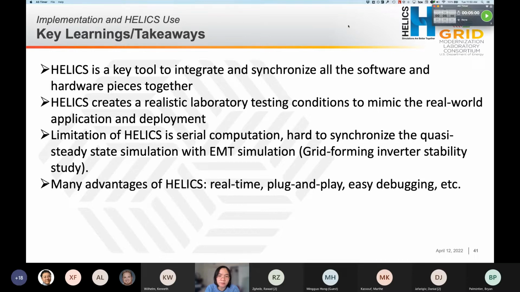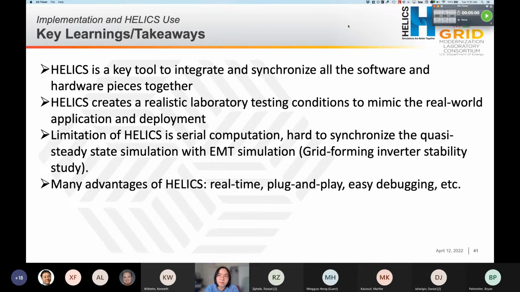So this makes Helix a tool that creates realistic lab testing conditions to mimic real-world application and deployment: a real-time simulation model, standard communication protocols, and real-time measurement and command. So this is a great tool to test real-time control.